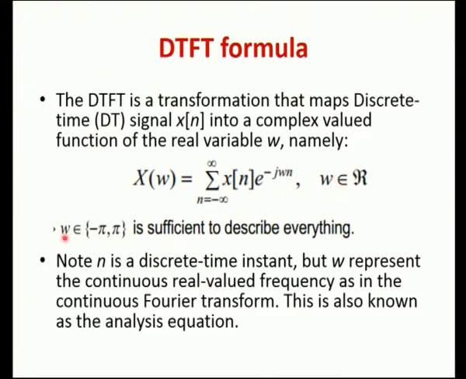Mostly we take the omega value from minus pi to plus pi, which is sufficient to describe all the values. So this is the formula for finding the discrete time Fourier transform.